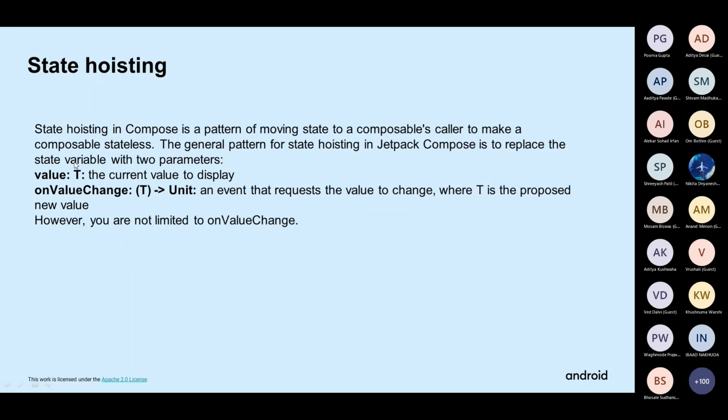Here you see, value: T, the current value that is to be displayed, and onValueChange: (T) -> Unit, an event that requests the value to change, where T is the proposed new value. So this is the new value. On value change, we will get another value. However, you can use even other things. On value change is just one example which you can use for state hoisting, to make your composable stateless.